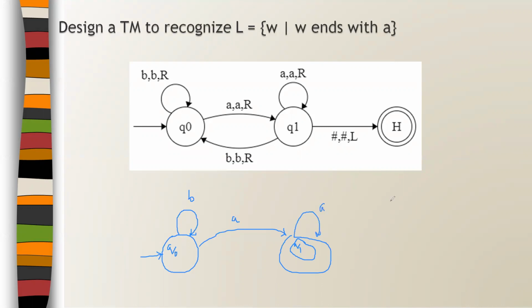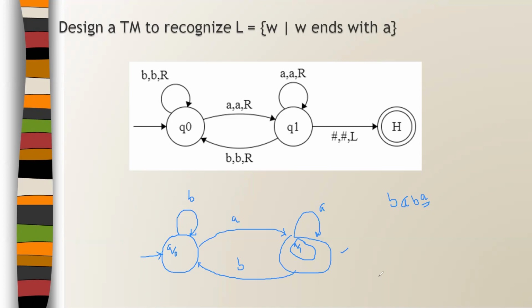Now suppose the string is A B A B A. The end symbol is A, so this string must also be accepted by the machine. So you have to use another transition on B: B, then A, B, and finally A. This will be the final state, and this machine works properly for L equals W, where W ends with A. So this is the DFA.